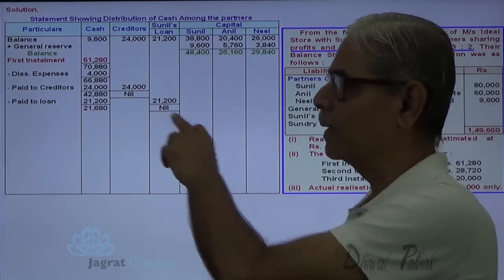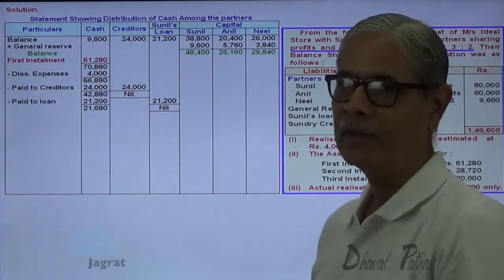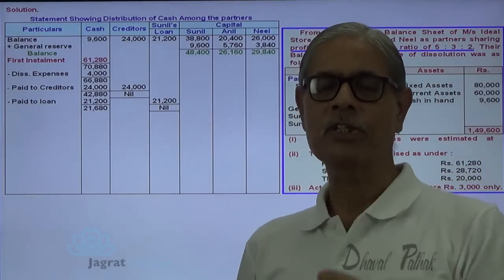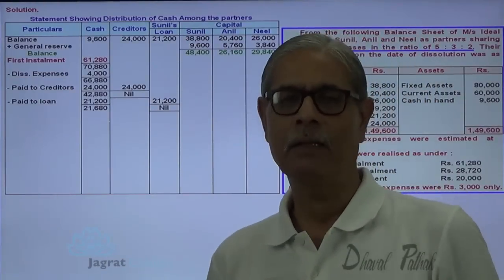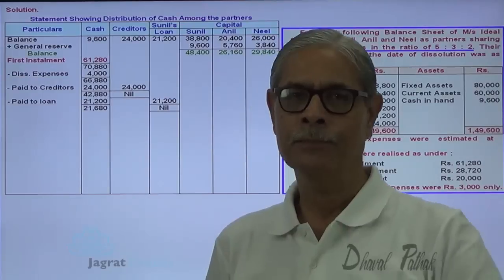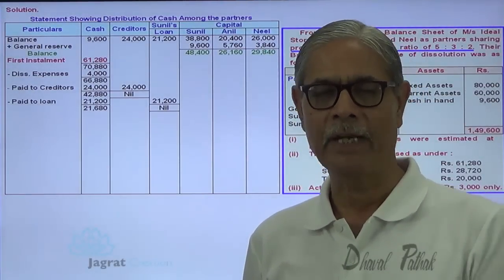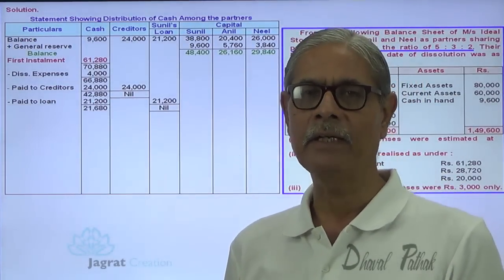Now I have got a cash balance of 21,680, which is to be distributed between partners Sunil, Anil and Neil. The amount to be distributed amongst partners out of this available cash will be worked out on the basis of surplus capital method. For that, I would like to prepare one working note which I would explain to you, and how the distribution takes place will be made clear.